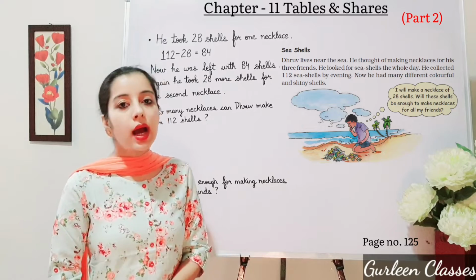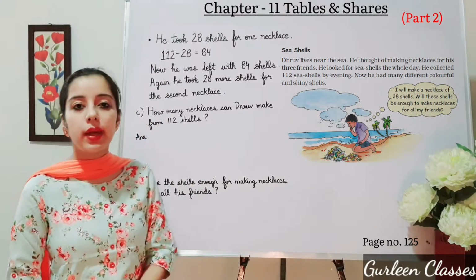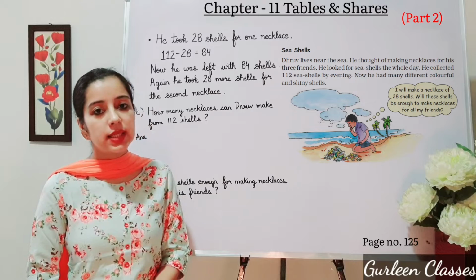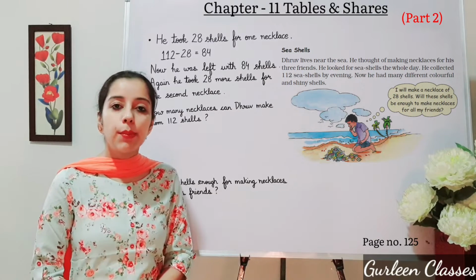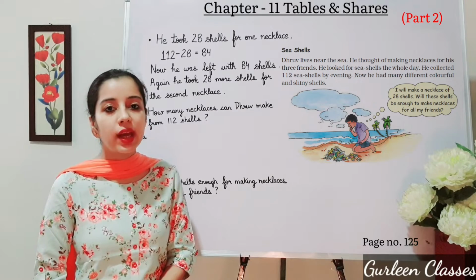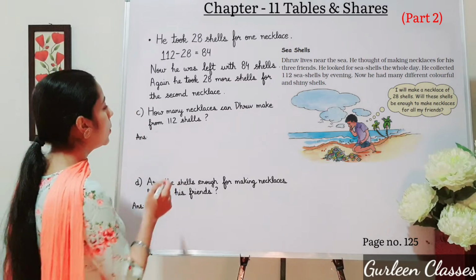Now C part, how many necklaces can Dhruv make from 112 shells?